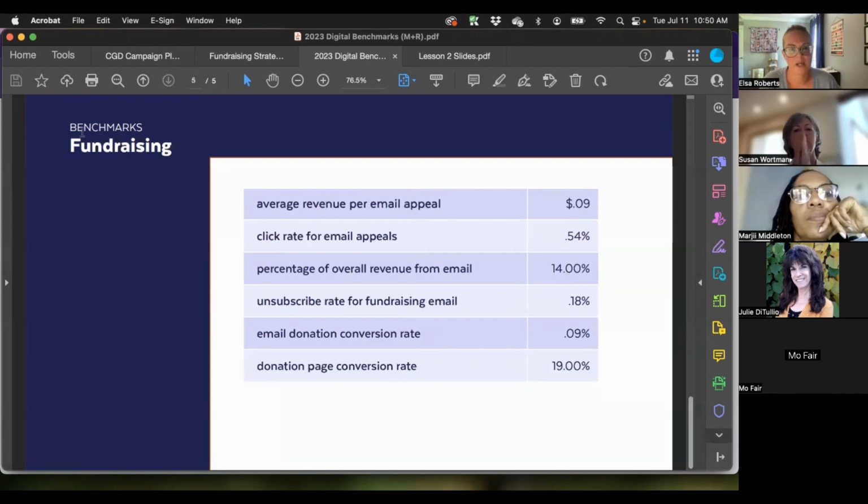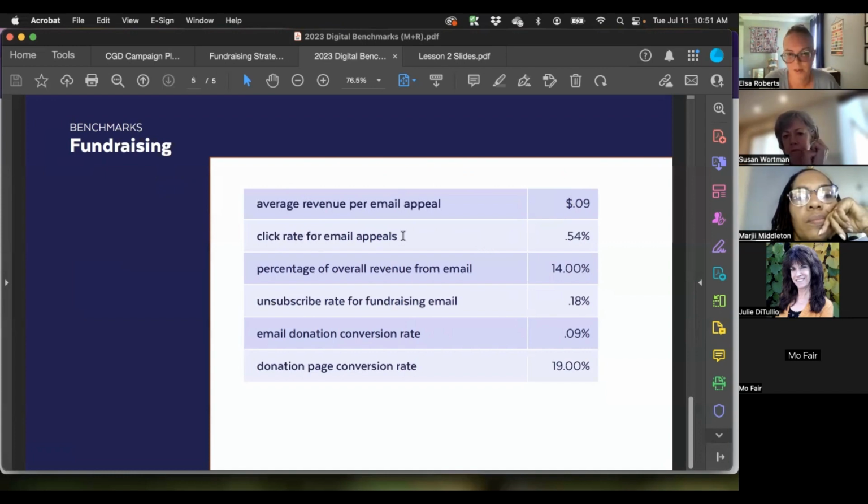All right, and finally, benchmarks related specifically to fundraising, as in the conversion stage. Your average revenue per email appeal is 9 cents.